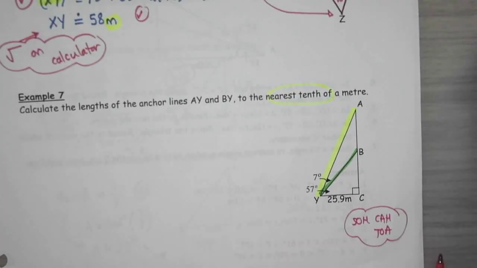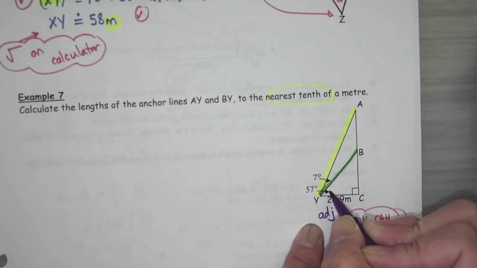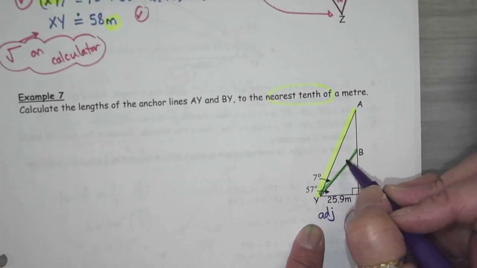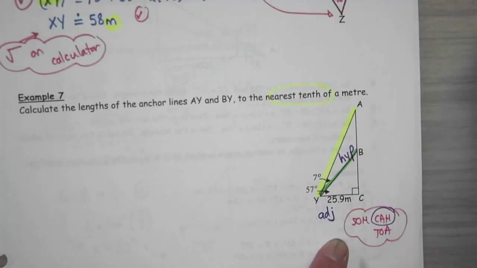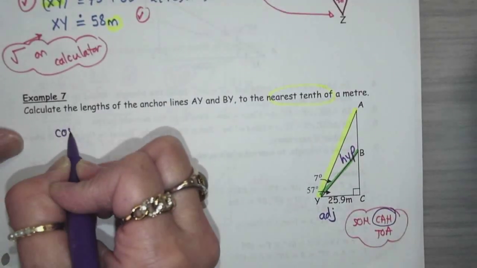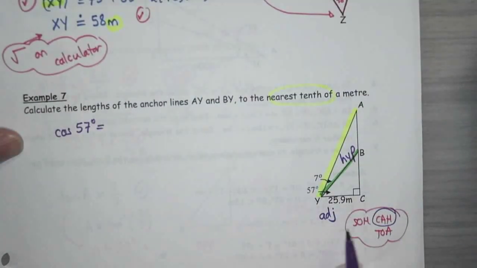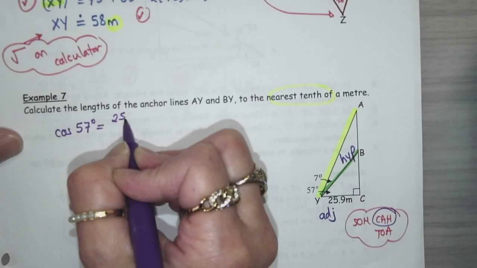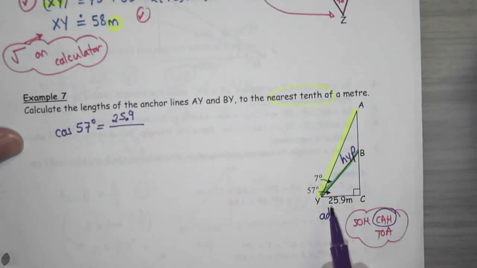I have this side here, which is the adjacent to this angle. And I'm looking for this one, which is the hypotenuse. So that would be cos, adjacent over hypotenuse. So I would do cos of 57 equals 25.9 over hypotenuse, which is BY.